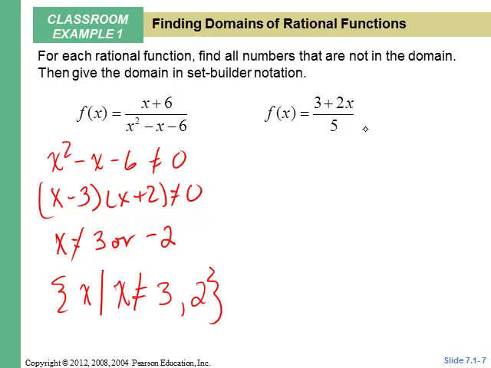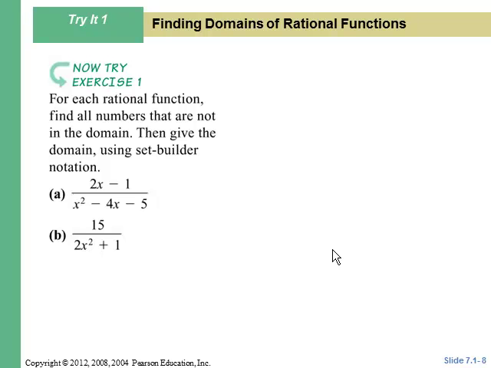This one over here, 5 does not equal 0, which it doesn't. So it's the set of all x. That's the domain there, because x can be any number. All right, try these, and then when you're ready, press play and I'll show you how I did them.